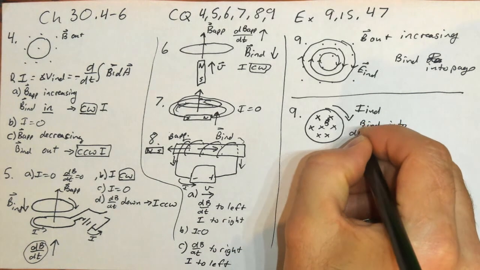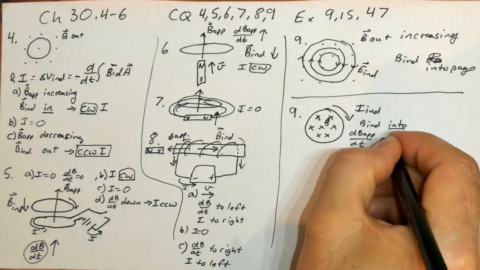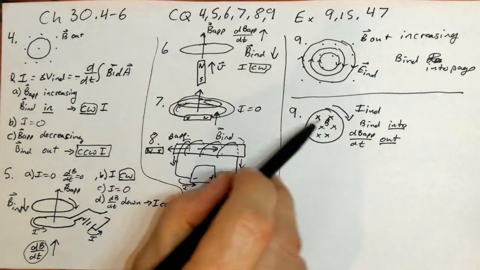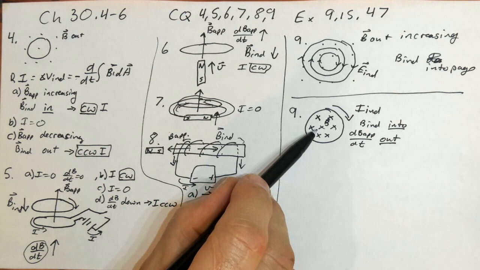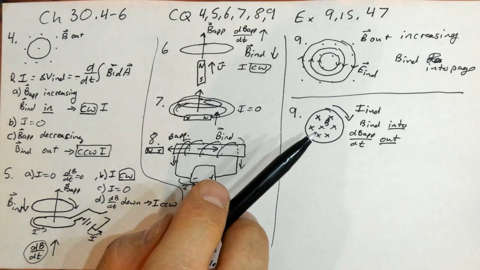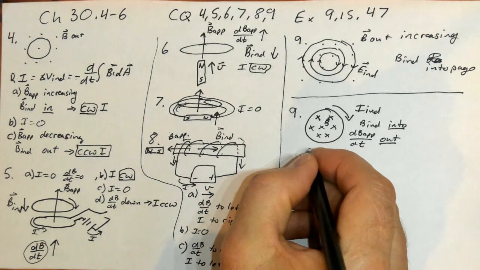So that means dB applied/dt is out of the page. And if that's true, since the applied field itself is into the page, it must be getting smaller. Because into the page and getting smaller means it's getting bigger out of the page. The change is out, and so that means this is decreasing.